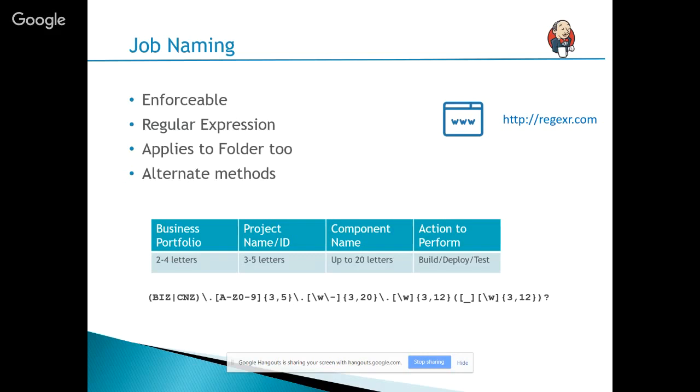When we started with freestyle, you will have a separate job for build. For the backend service, a build job will be there, a deploy job will be there, and another one will be a test job. So you have 3 different jobs, and all of them have to follow this standard so that you know which job is for what.